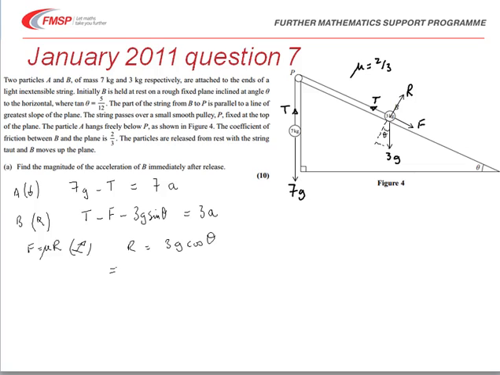And with a value of mu equal to 2/3, this means that F must be equal to 2g cosine theta.